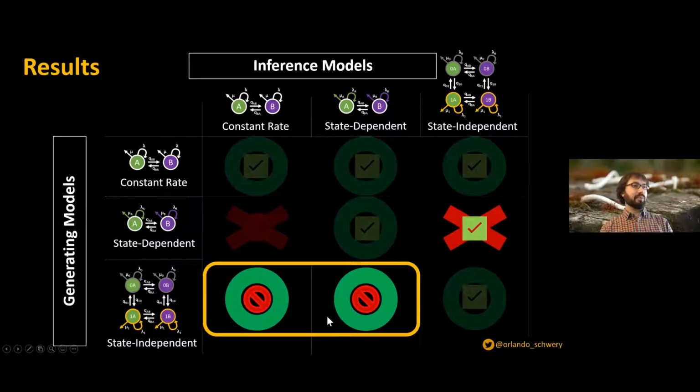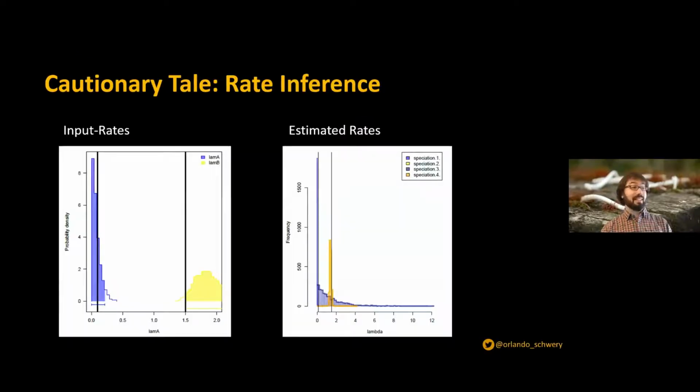Because we would actually assume that this should create, along the same logic, a tree that is very different from these ones. Now here we're getting to a little cautionary tale. And that is, the whole thing is not going to work if our rate inference didn't work out properly. So these are the rates that we've put in when coming up with our example trees, with a bunch of lineages associated with one trait that have low rates and another bunch with high rates.